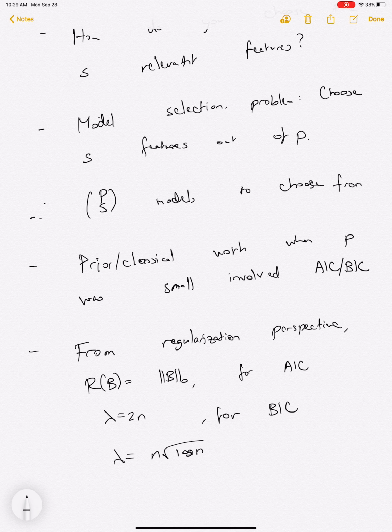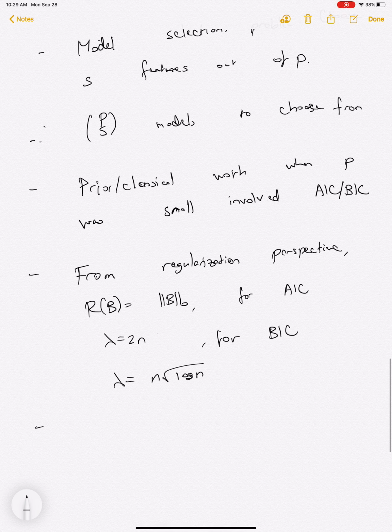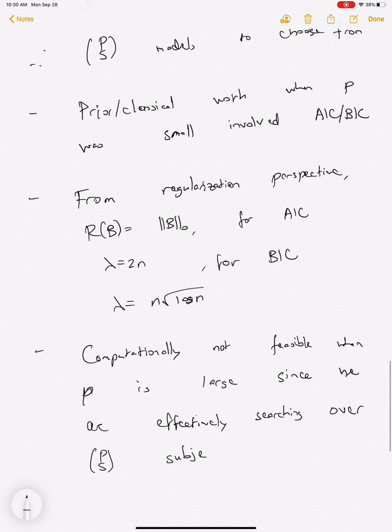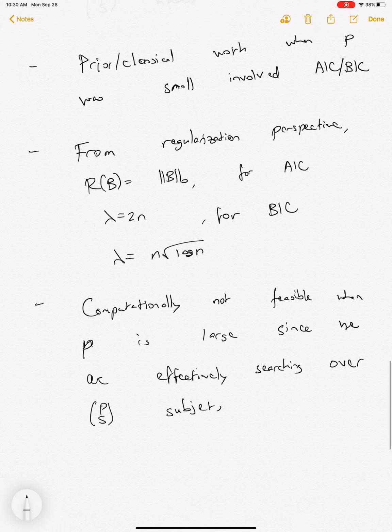So this does fit into our regularization framework, but computationally it's not feasible when P is large, since we're effectively searching over P choose S subsets.